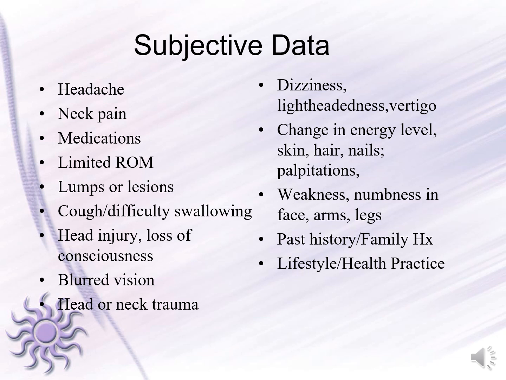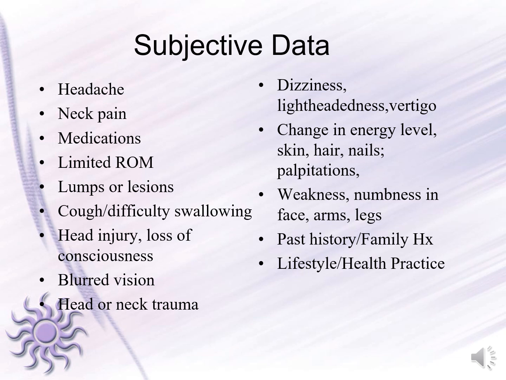Now, when we talk to our patients about head and neck issues, headaches are a very common one we talk about, neck pain, any limited range of motion we know is related to arthritis, any lumps or lesions in the neck, any coughing or difficulty swallowing, any history of head injury or loss of consciousness, any blurred vision or head and neck trauma, dizziness or lightheadedness, vertigo, any changes in recent energy level, like skin, hair, and nails, when we're assessing thyroidism.